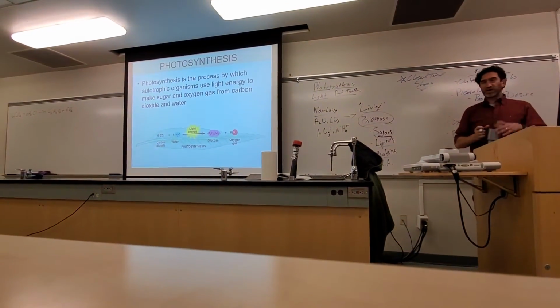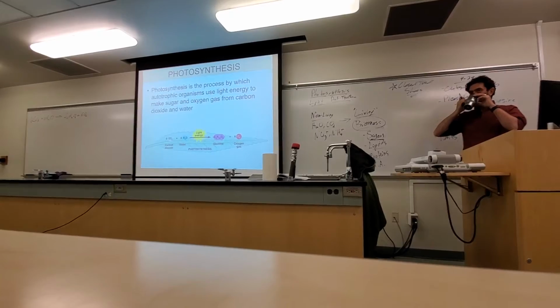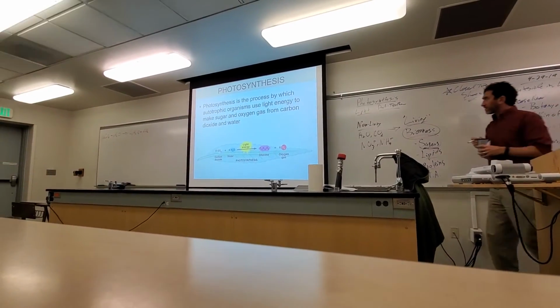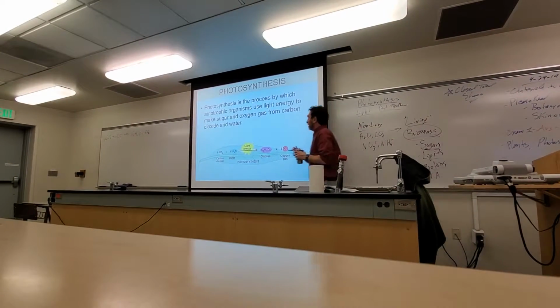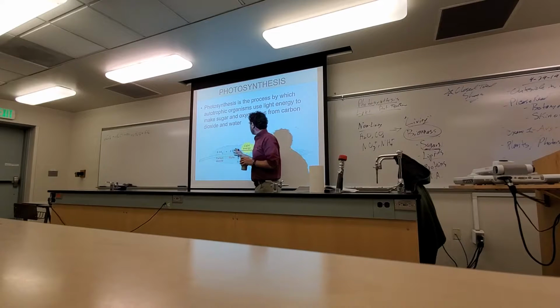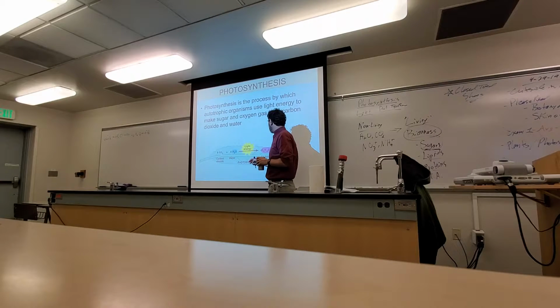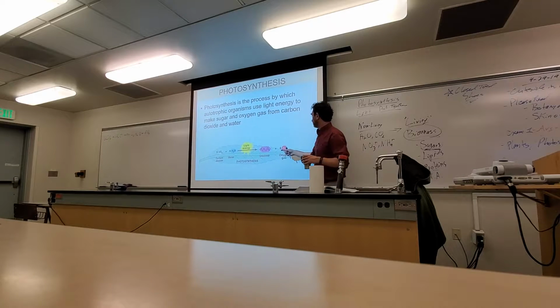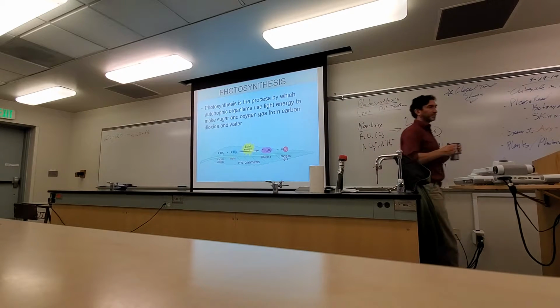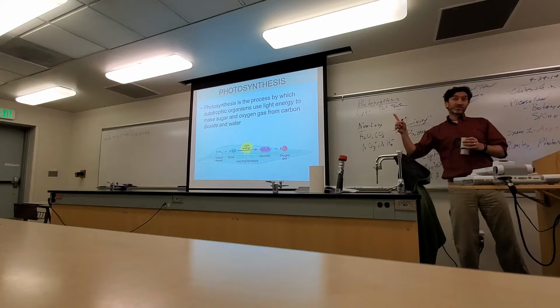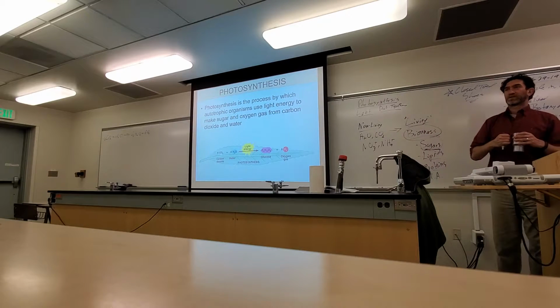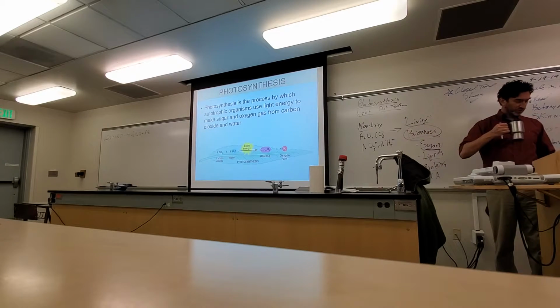Water does get released in the process, but don't worry about it. This is what we're interested in. Carbon dioxide and water combined with light energy produces glucose and releases oxygen as a byproduct. If we ran this in reverse, we would get what? Cellular aerobic respiration. Good.